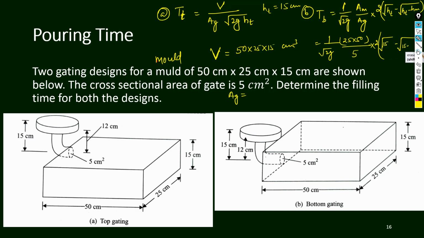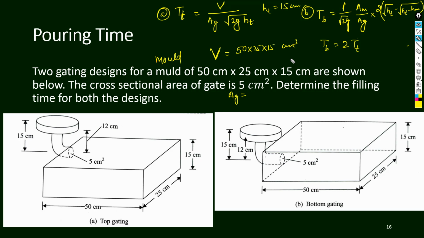We need not use this formula at all. We can directly say Tb is equal to 2 into Tt. So if we have calculated Tt, then 2 times this is Tb. So it's much easier now.